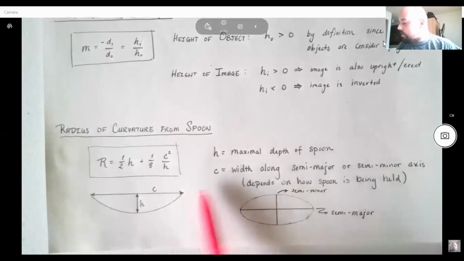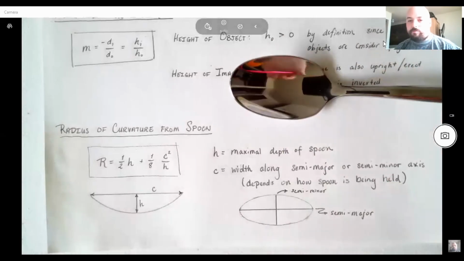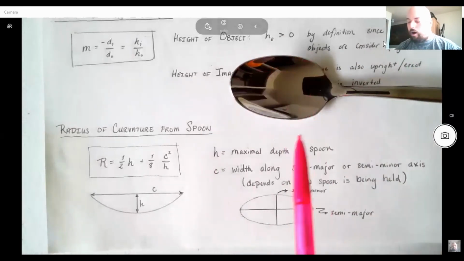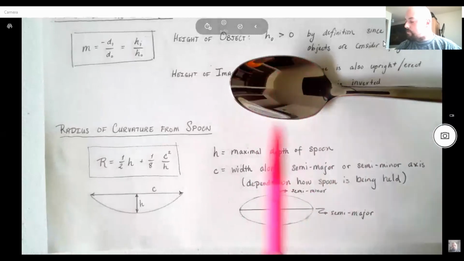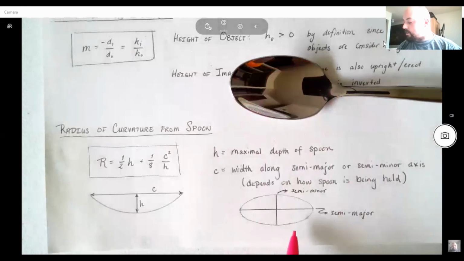All right, so here I define them, and just as a reminder, even though most spoons themselves aren't quite elliptical, we'll just assume that they are a perfect ellipse of some semi-major axis and some semi-minor axis widths.